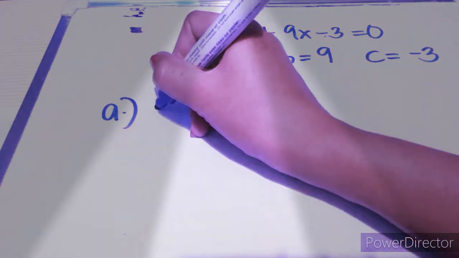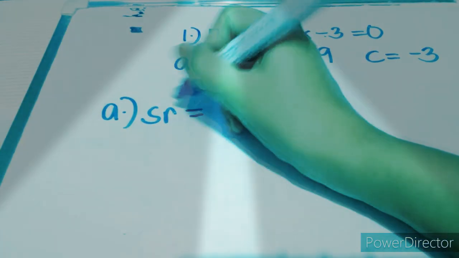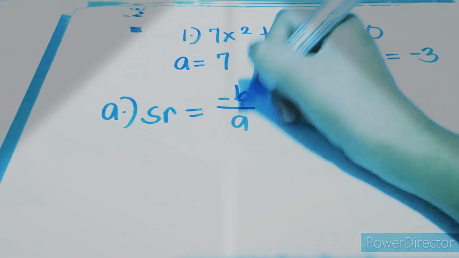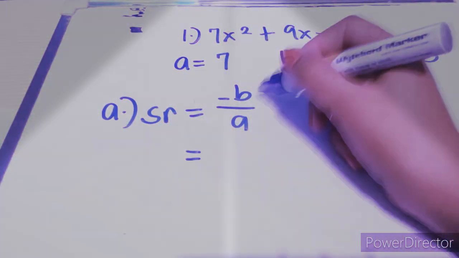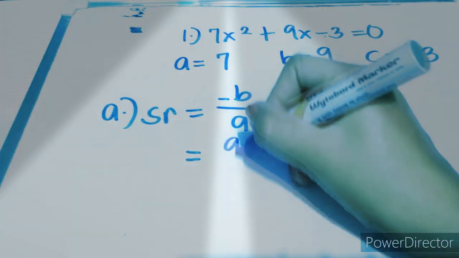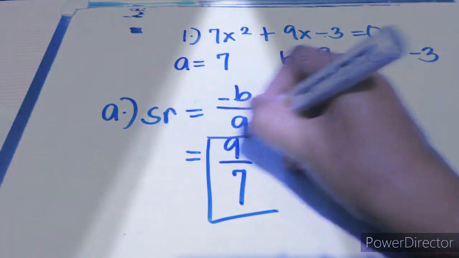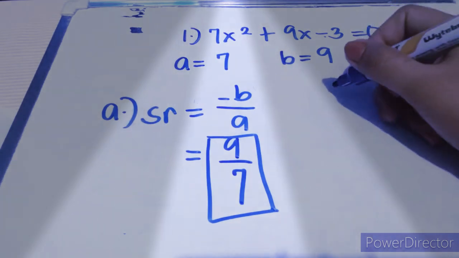And for the sum of the roots, we have SR, which stands for sum of the roots, negative b over a. So substitute that, and you have negative 9 over 7. That would be your final answer for the sum of the roots.